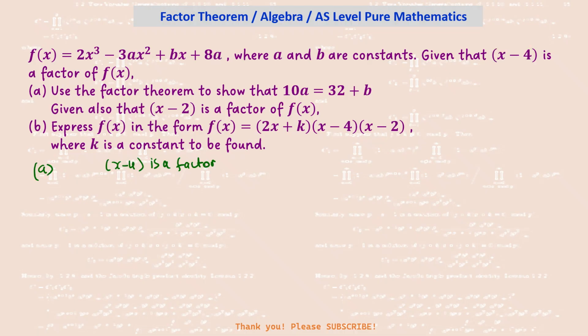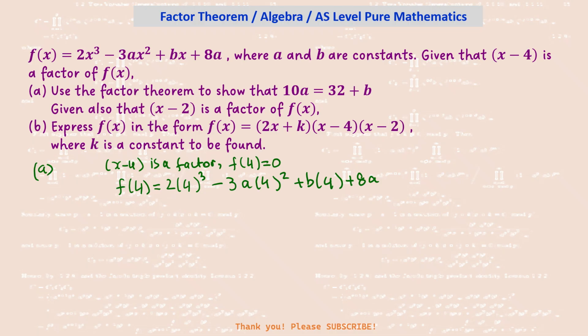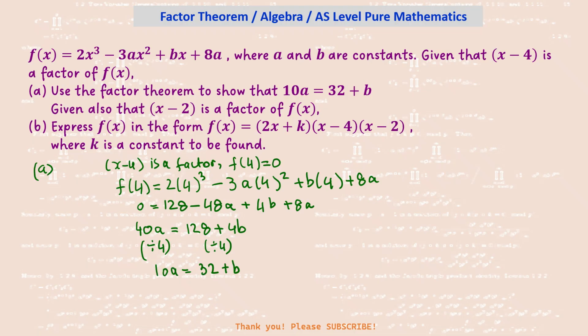So f(4) would be 2 times 4 cubed minus 3a times 4 squared plus 4b plus 8a, and simplifying, 40a is equal to 128 plus 4b. Then you divide both sides by 4, you get 10a equals 32 plus b, which is what we have been asked to show. So we have found that. So that's part A.